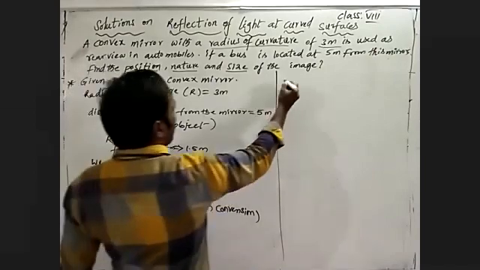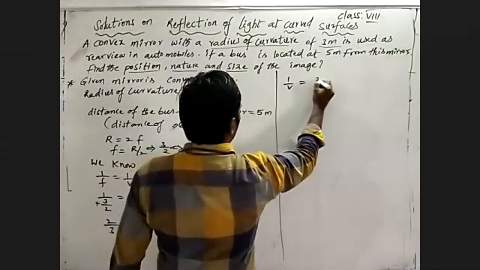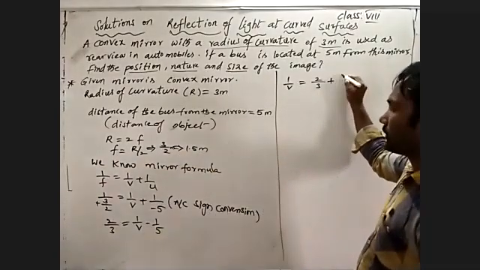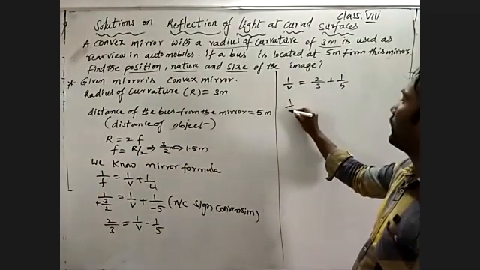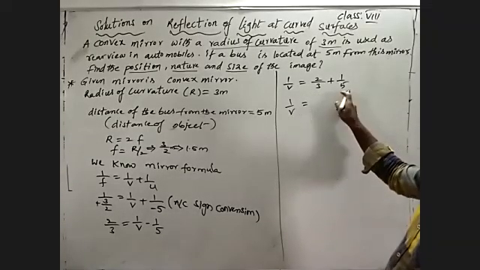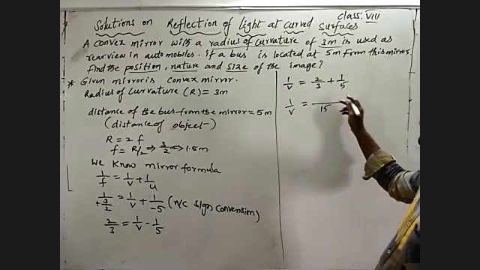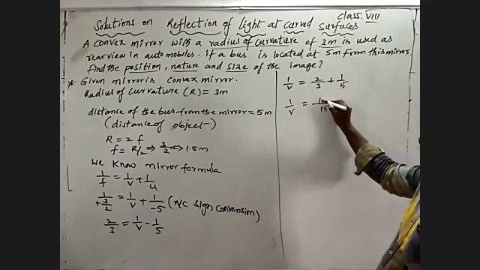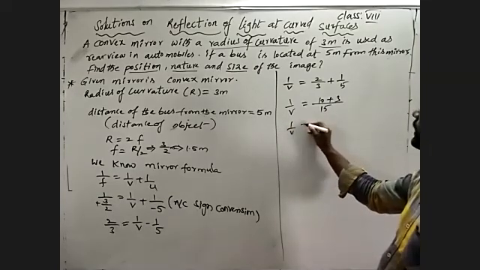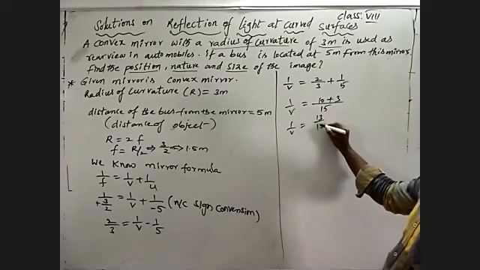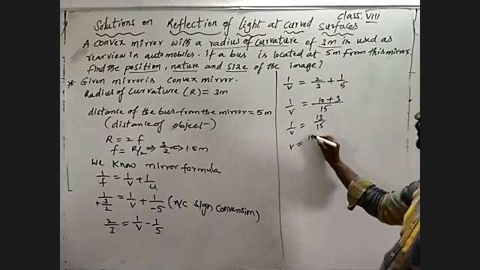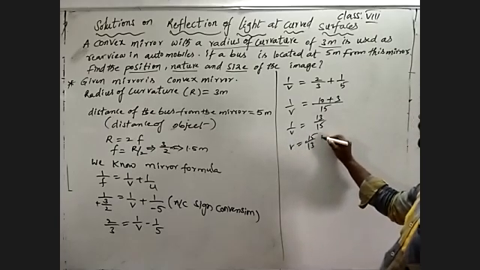So 1 by v is equal to 2 by 3 plus 1 by 5. LCM of 3 and 5 is 15. 3 5s, 5 2s are 10, plus 5 3s are 3, 1 3 are 3. So 1 by v is equal to 13 by 15, means v is equal to, taking the reciprocal, 15 by 13 meters.